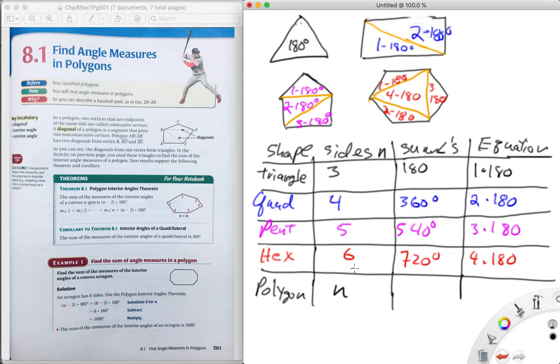If you look at this, if I have my sides n and I have 4 triangles, I could think of that as 6 minus 2 equals 4. If I have 5 and I have 3 triangles, I could think of this as 5 minus 2 equals 3. If I have 4 sides and I have 2 triangles, I could think of that as 4 minus 2. If I have 3 sides and then 1 triangle, I could think of that as 3 minus 2.